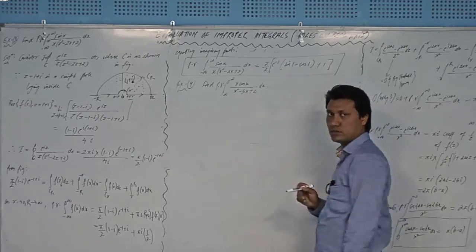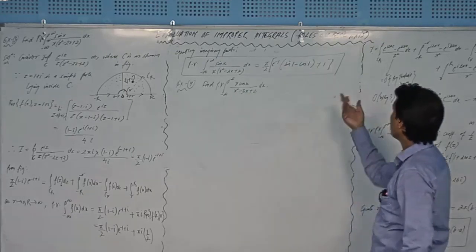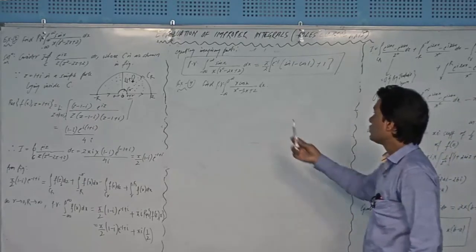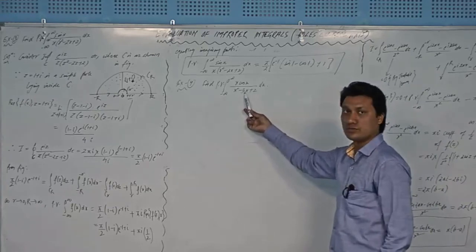It will give two poles rather than having one pole on the real axis as we did in our 3 examples, but this time I will be having two poles, right? It will give 1 and 2.